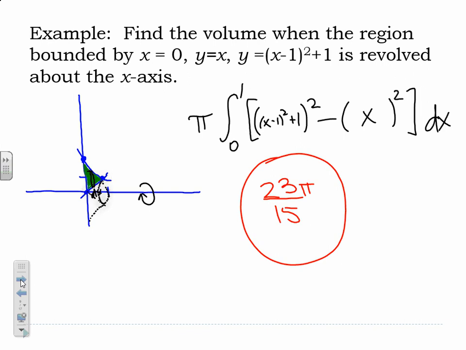The only time I want you to give me a decimal is maybe if you get an irrational integral, like you get a decimal that cannot be changed into a fraction, then multiply by pi and give me a decimal. All right? Please don't give me 5.993 pi.